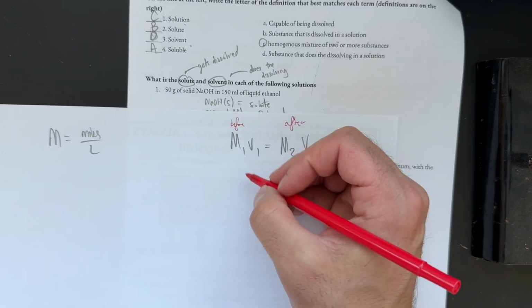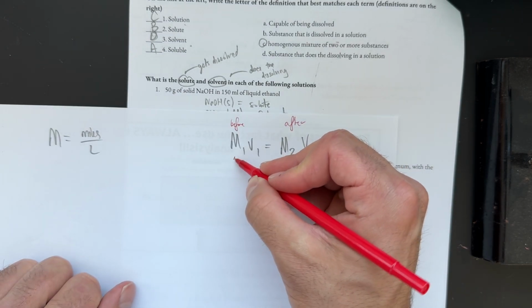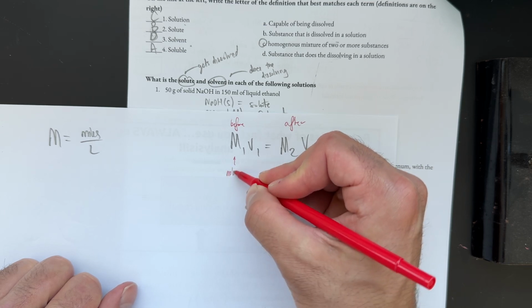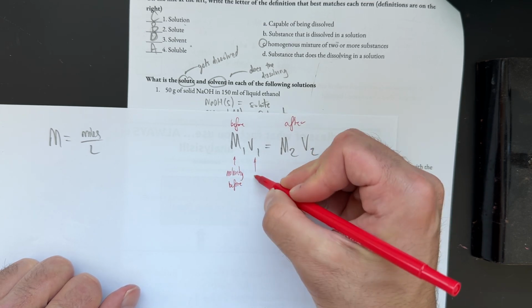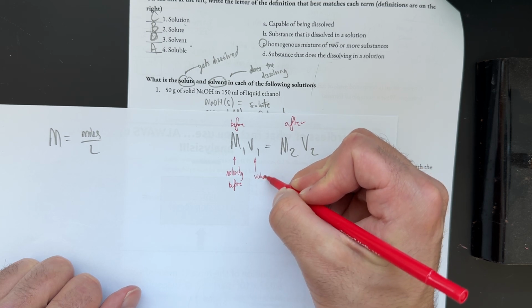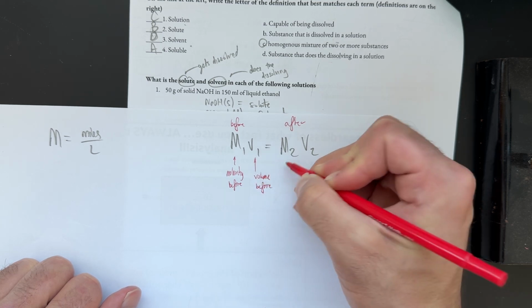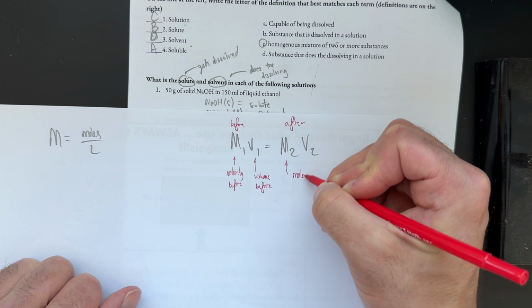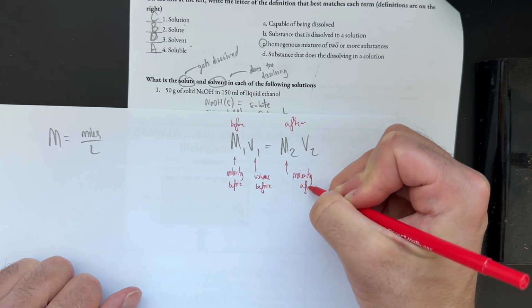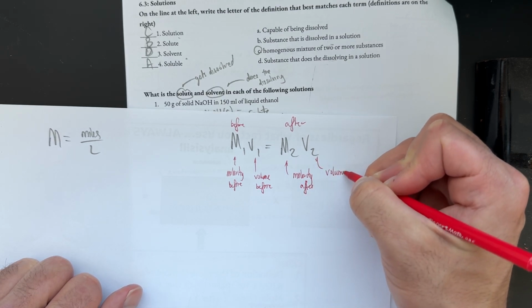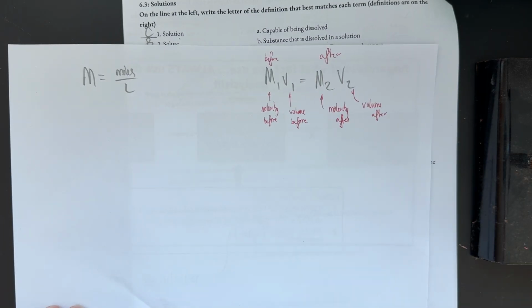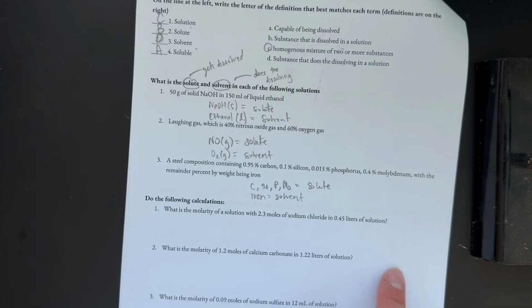So M1 is molarity before, V1 is volume before, M2 is molarity after, and V2 is volume after. Cool, those are the two equations that you need here.